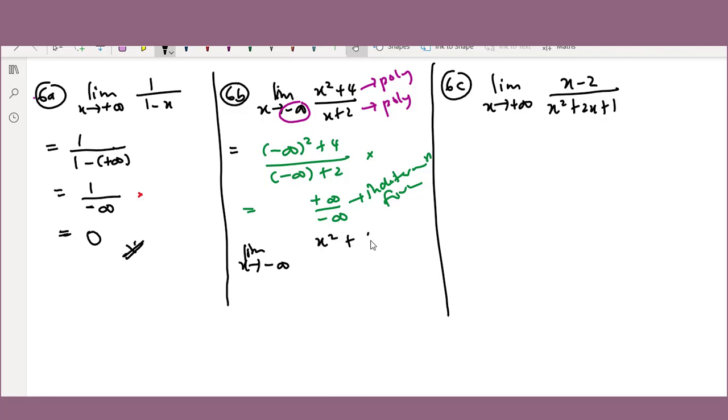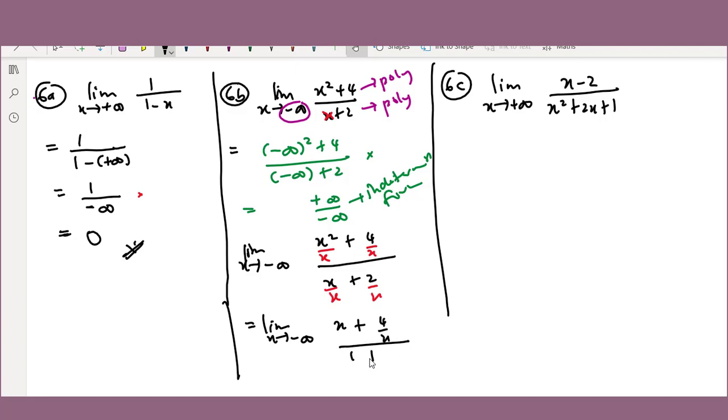The highest power is x to the power 1, so divide by x. Simplify: limit as x tends to negative infinity of x squared over x plus 4 over x, over 1 plus 2 over x.